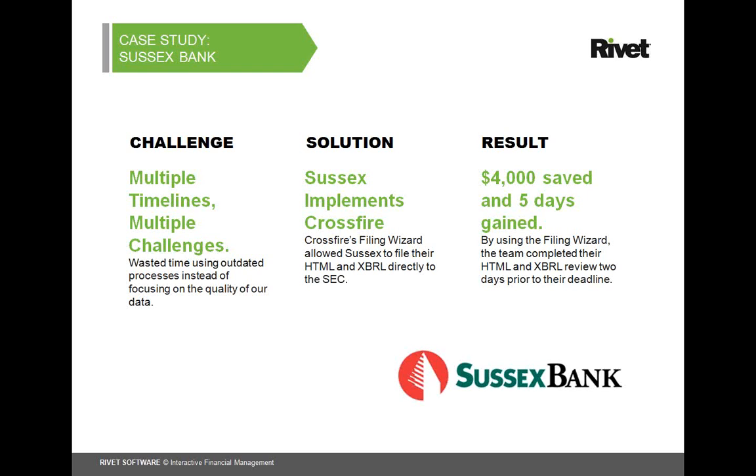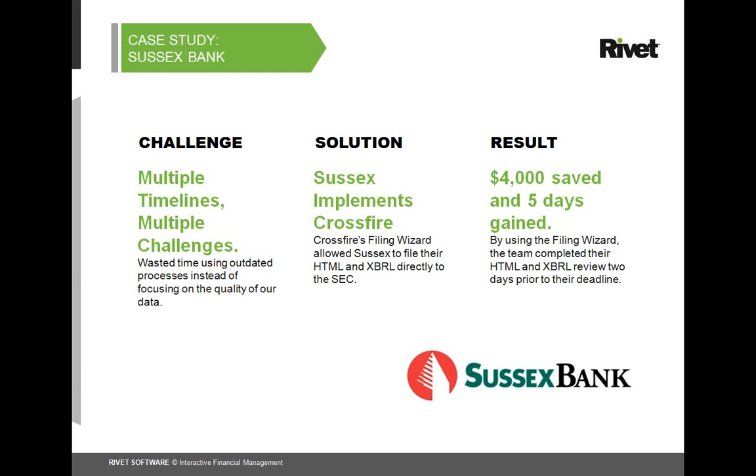And their result, they actually beat their deadline by 2 days. That's great, but not only that, they saved 5 days overall and saved $4,000. So that's a quantitative efficiency gain right there.